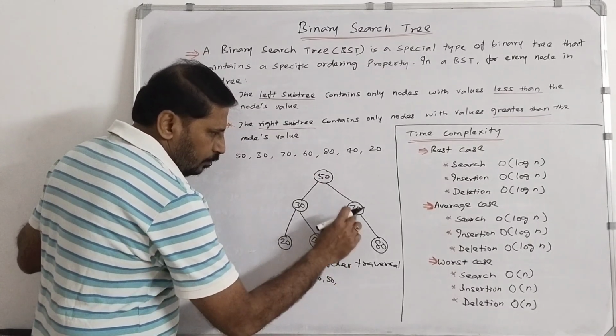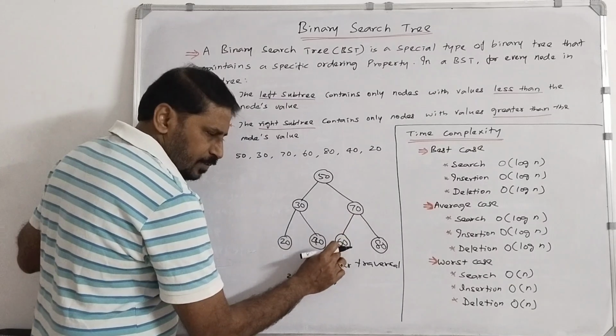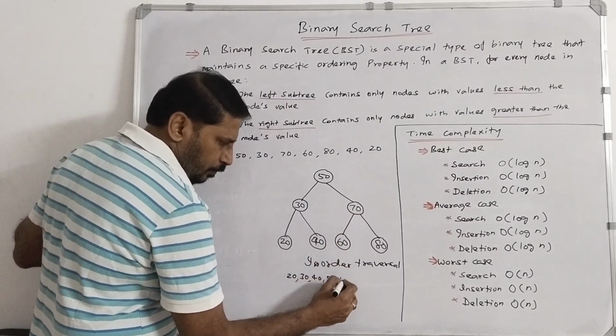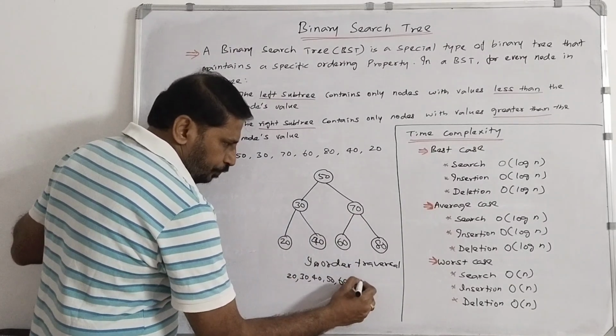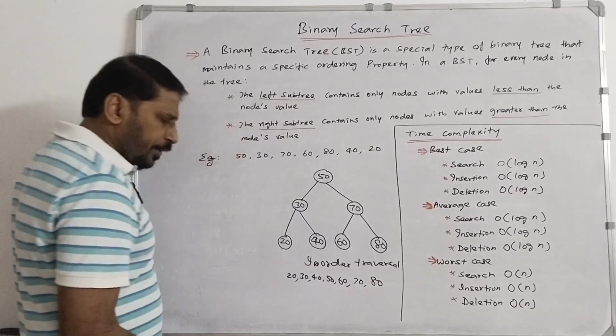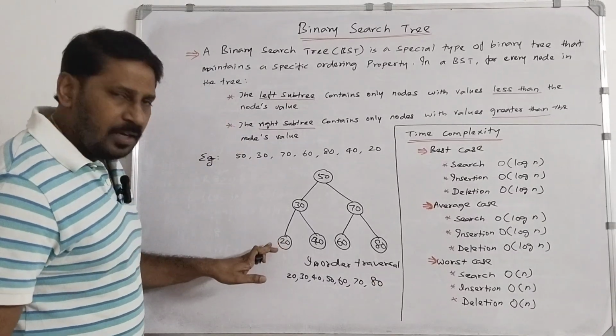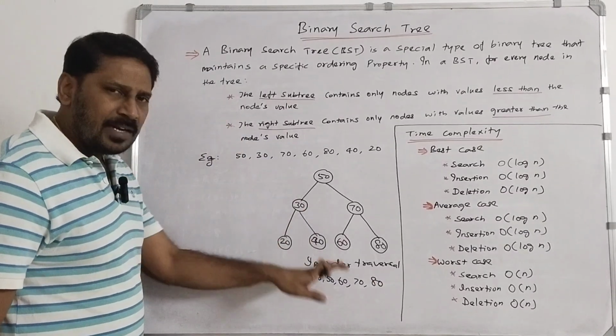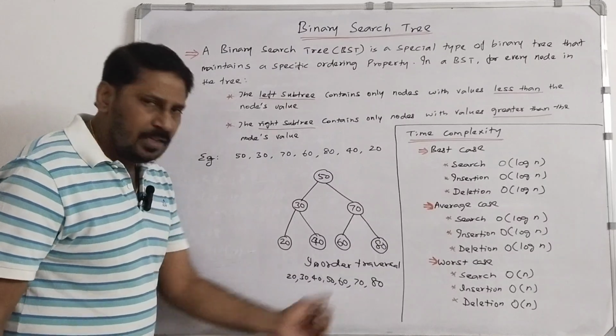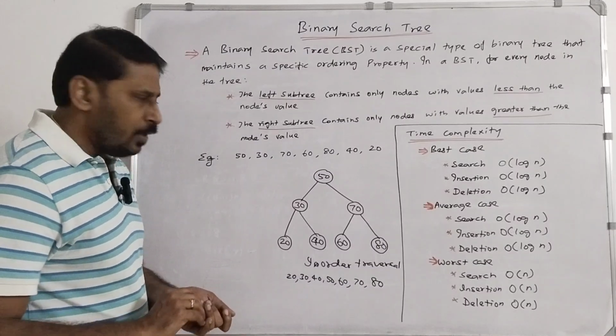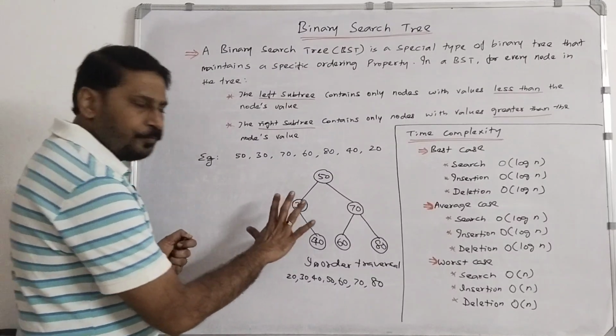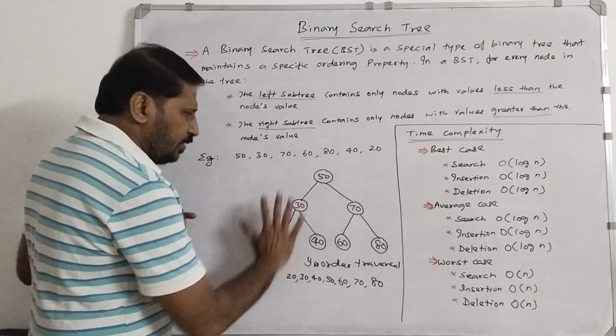Then when we come to the right, again left is there, so that's why 60, 70, then 80. So after taking the numbers through the in-order traversal method, we are getting the sorted values. This is what we call BST, that is binary search tree.